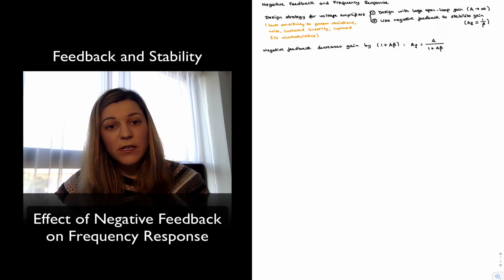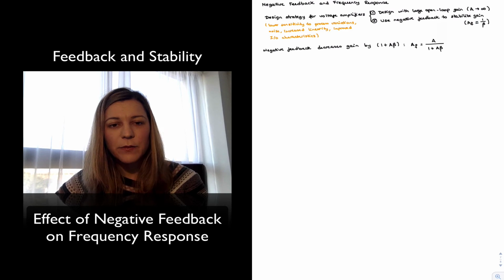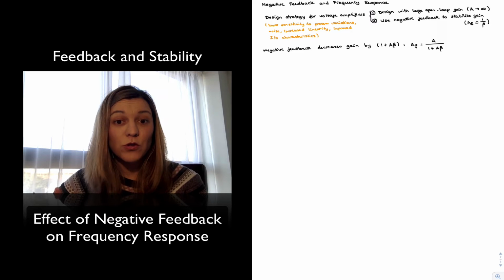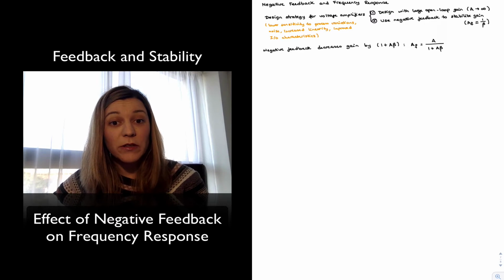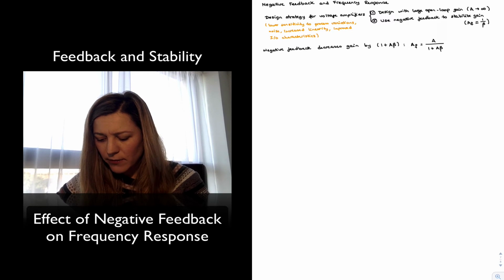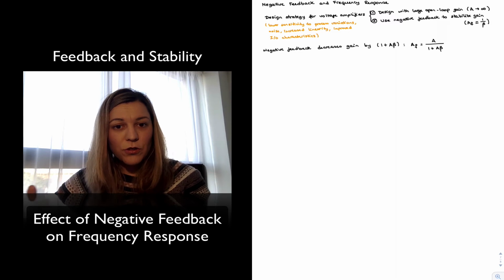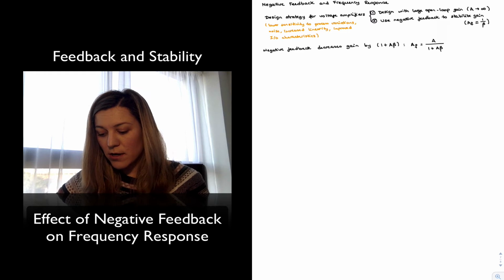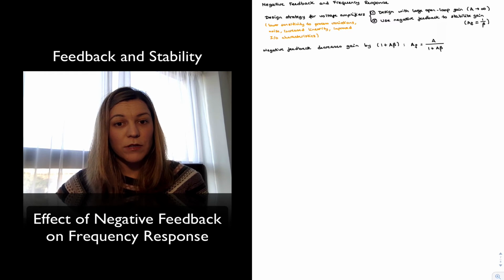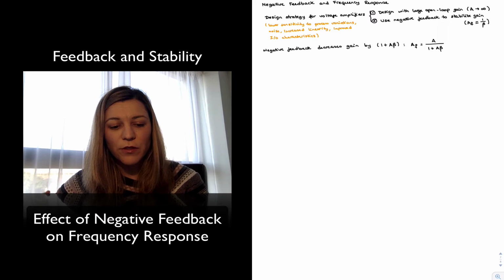What we have not seen is what effect does negative feedback have on the frequency response of the amplifier. And as we're going to see, it does have an effect which can be potentially detrimental to our amplifier. And you can solve this mathematically just by putting out a generic expression for the gain based on a rational function where you can differentiate different poles and so forth.